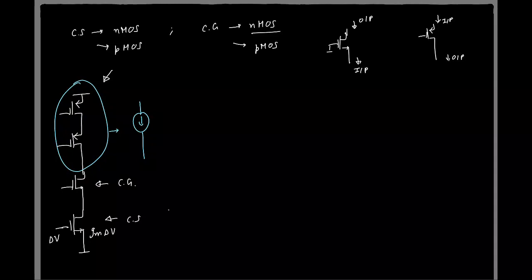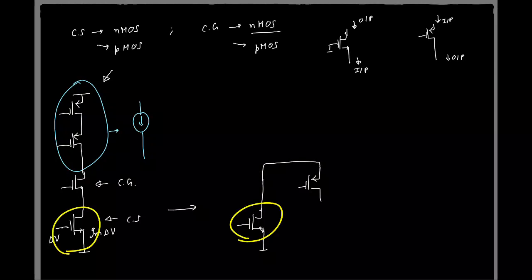Okay, so let's say we start with the NMOS common source here. So now I want to take this current and buffer it using a PMOS common gate, right? So this is the PMOS common gate, right? I'll do something like this. Okay, and so that basically finishes these two guys.